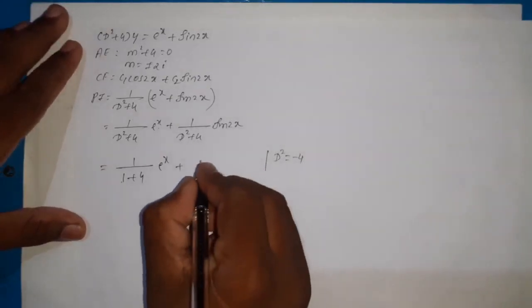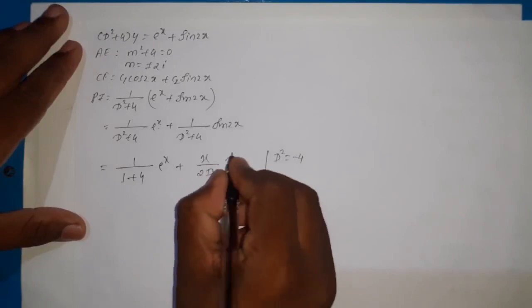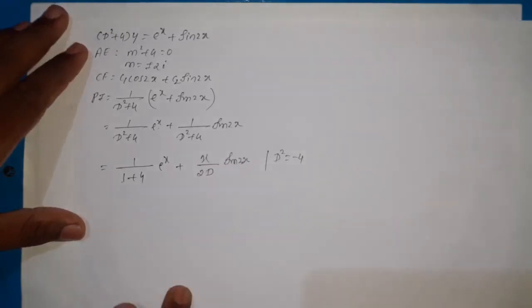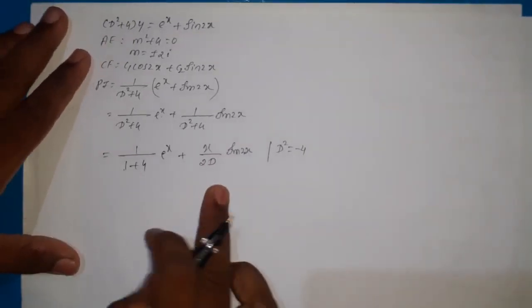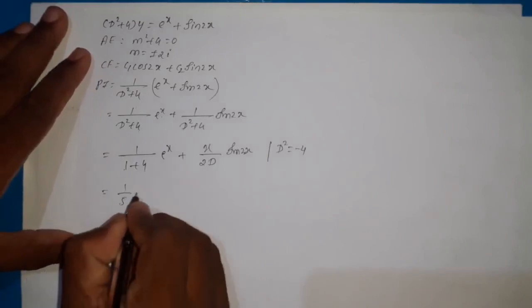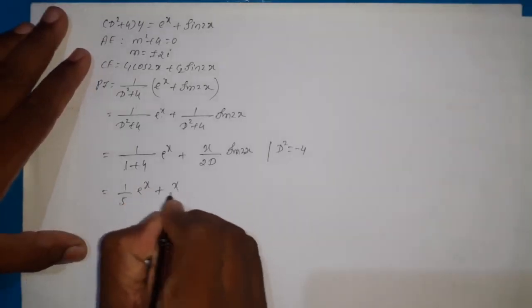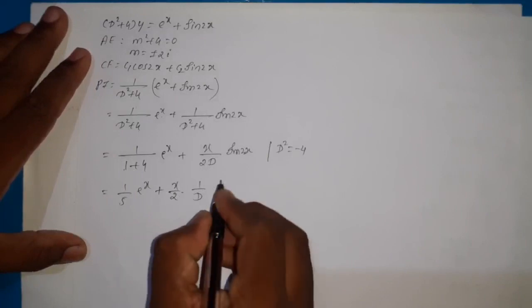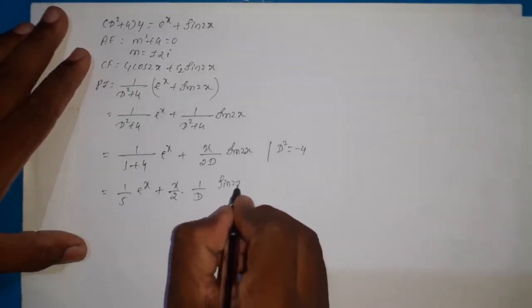Therefore it is x divided by 2d into sin 2x. That is the case of failure. Then it is 1 by 5 e power x plus x by 2 into 1 by d into sin 2x.